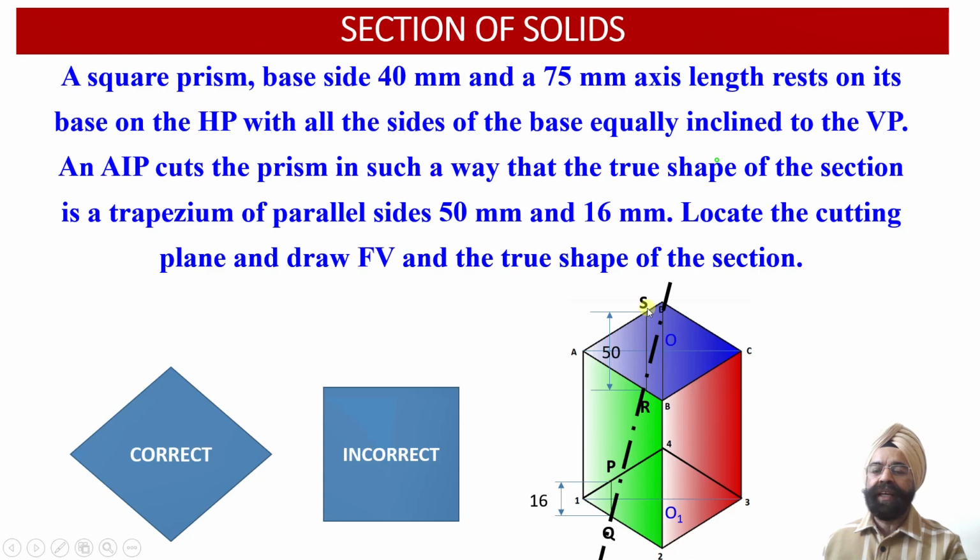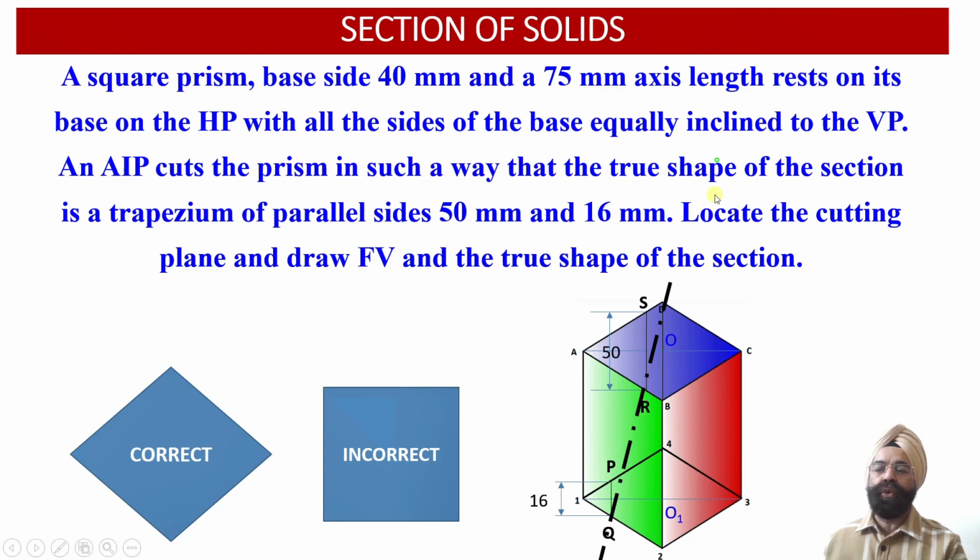So here we have taken that onto the top face, one parallel edge of the trapezium measuring 50 millimeter will be lying, and corresponding to the base face, that is points P and Q onto the base, another parallel edge of the trapezium measuring 16 millimeter will be observed into the true shape projections over here.